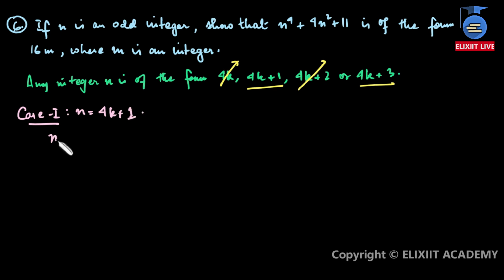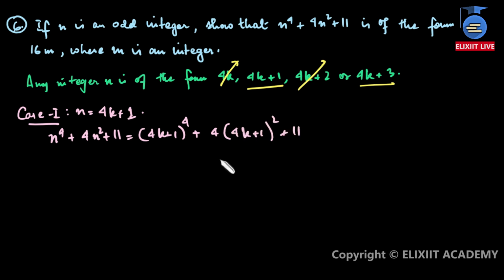which means n to the power 4 plus 4n square plus 11 is basically (4k plus 1) whole to the power 4 plus 4 into (4k plus 1) whole square plus 11. Put the value of n. Now if you expand this, it will be better. Using the binomial theorem, you can expand (4k plus 1) to the power 4.